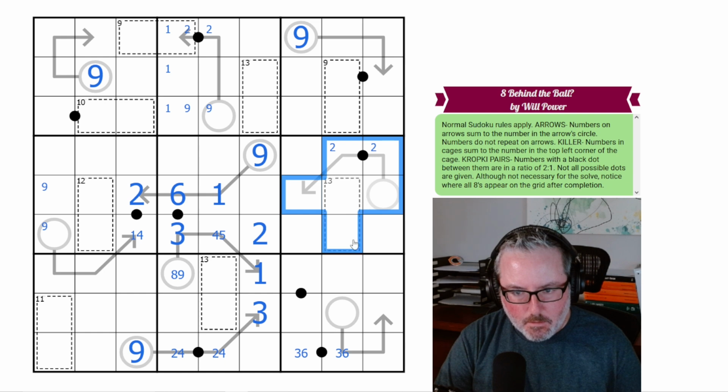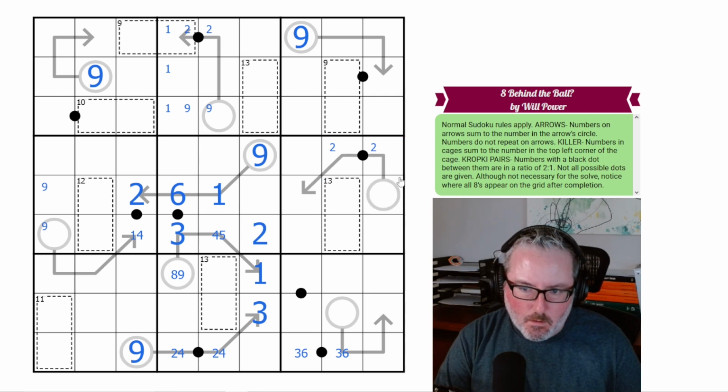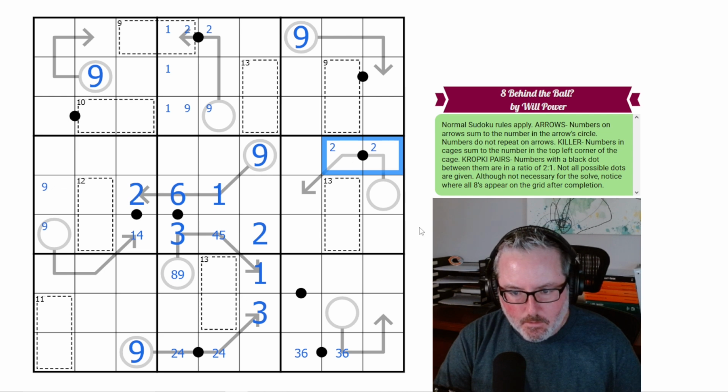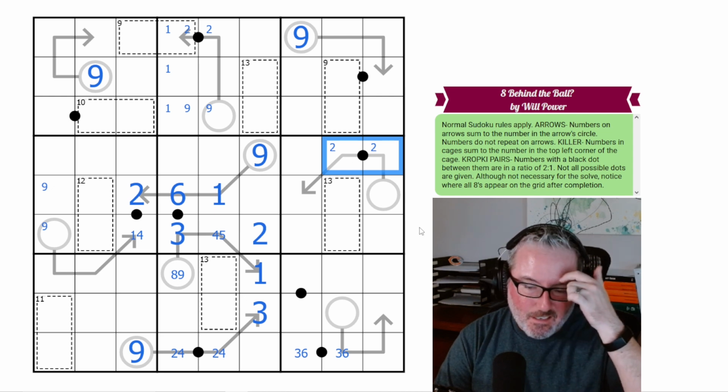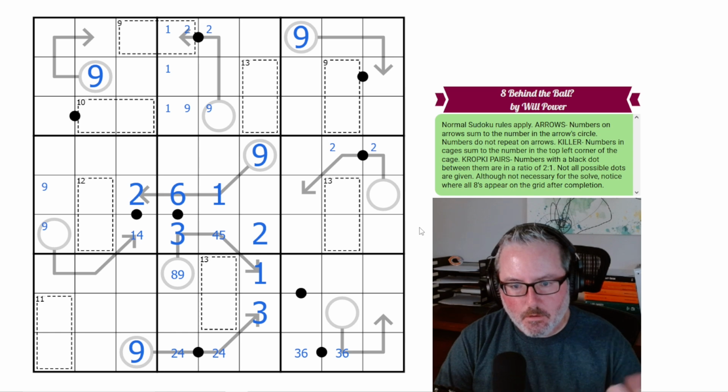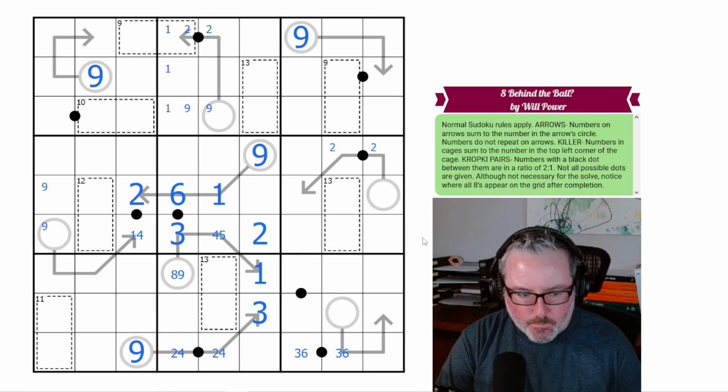Which means that none of these could be 1s. This would have to be a 2, 4. And this would have to be a 3. That all seems to check out perfectly fine. Of course, this would be a 9. Now, if I did put a 1 on there, I don't think that does us anything.